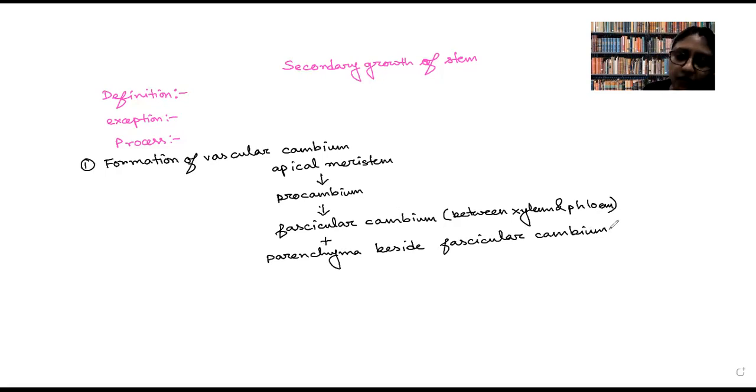Here this parenchyma just by the side of fascicular cambium also becomes meristematic.